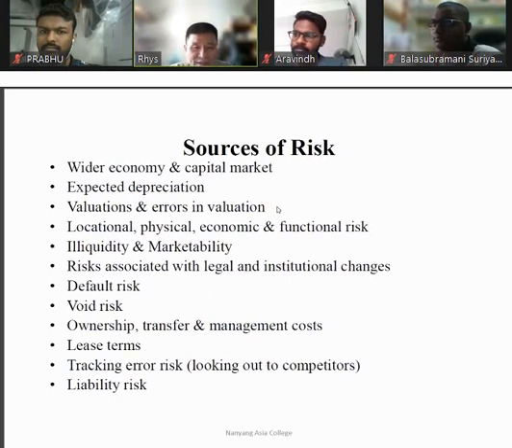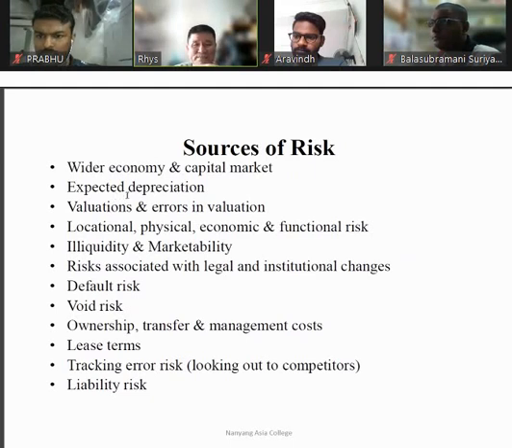Sources of risk. What I've been talking about is the project risk. But you can also talk about general risk. That means the general economy, the supply of labor, etc. This is where the risk is all about. The wider economy and capital market.